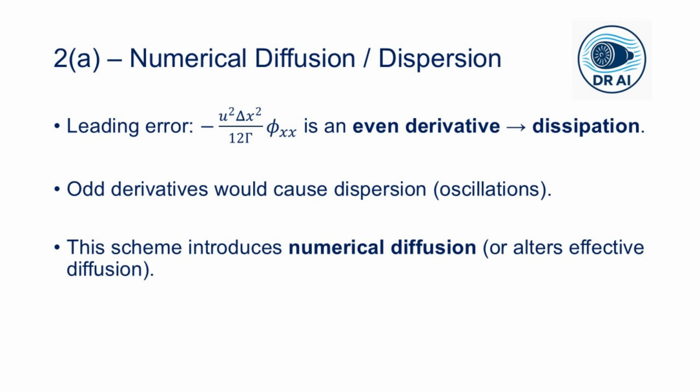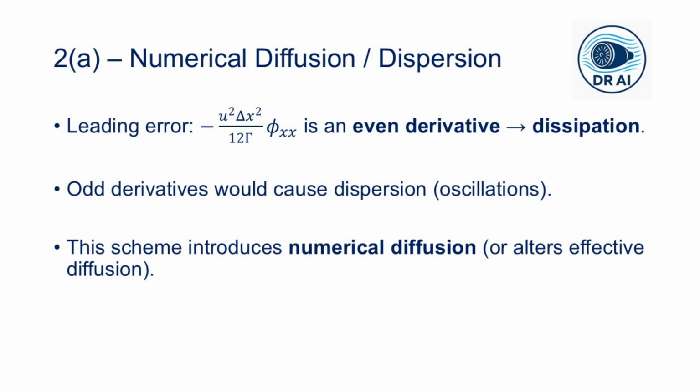In wave propagation, even derivatives are associated with dissipation and smoothing, while odd derivatives cause dispersion, which is linked with oscillations. So in our case, this even derivative modifies the diffusion coefficient. Even though the sign seems to reduce the diffusion, it still represents a diffusive effect because it's a second order term.